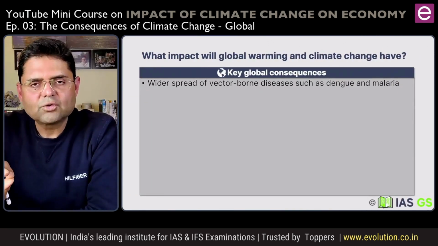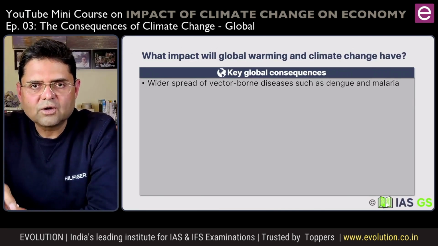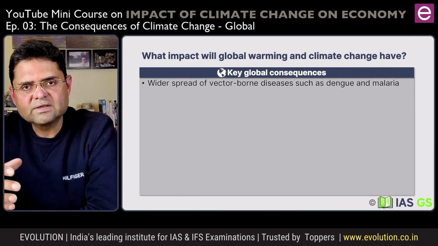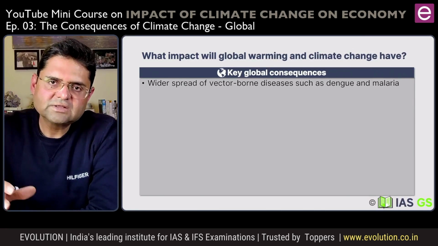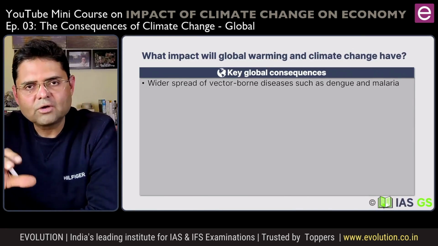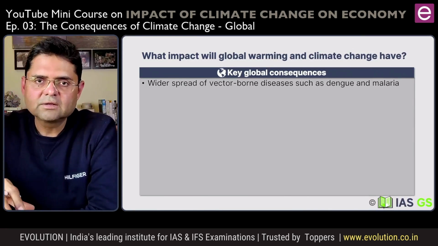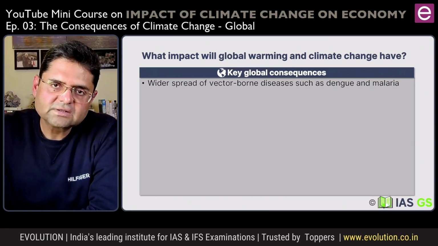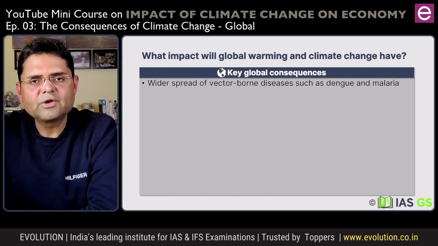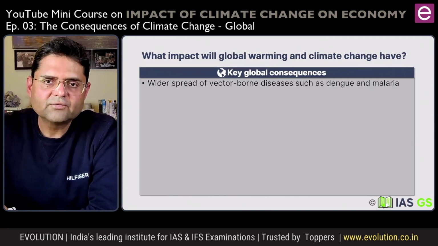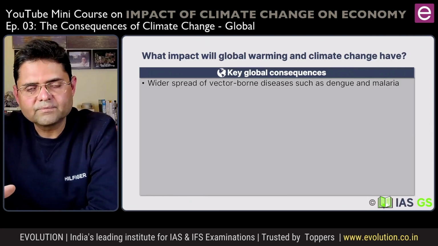Apart from that, there is also an increased chance of re-emergence of certain diseases because of the change in climatic conditions, and also the spread of third world vector-borne diseases in the first world, where because of their climate, vector-borne diseases were just unknown.